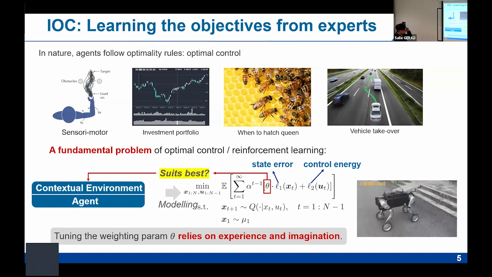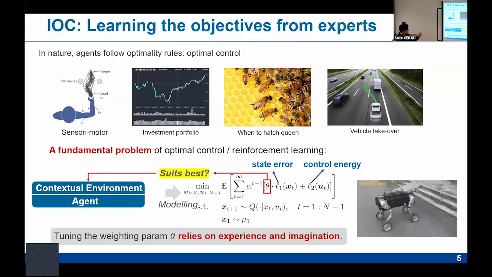Also in nature, there is the question of when to hatch a queen, because it's a balance between food and population. And then you have vehicle takeover: when do you cut into the lane, and when do you go back? Someone drives a little more aggressively, while others drive defensively.